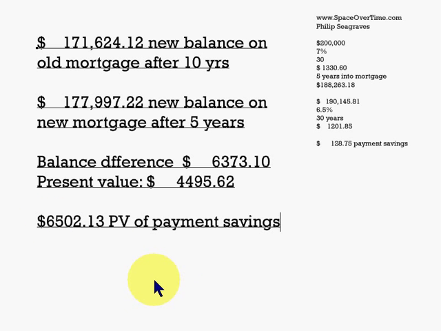Now a little twist on this is that it depends on how far out you have to go. If we had only 2 years to go out into the future, think about what's going to happen here. We're only going to get 2 years worth of this payment savings, but we're going to have to pay that $1,800 in closing costs, and the further you go out into the future, the more chances you're going to have, the longer you're going to have to recoup that investment.